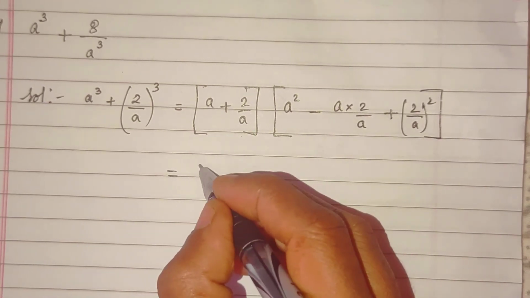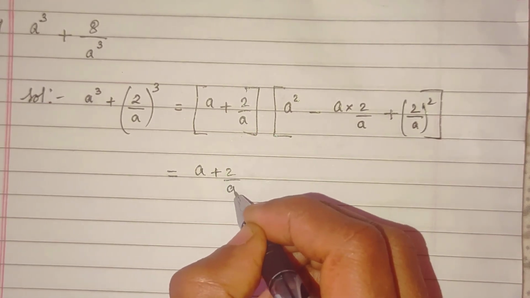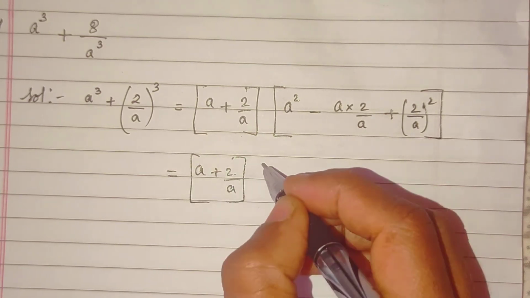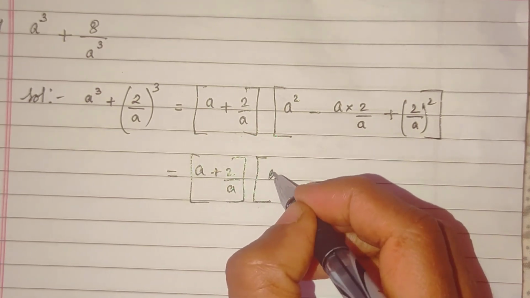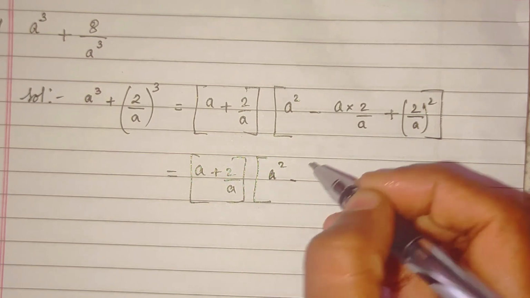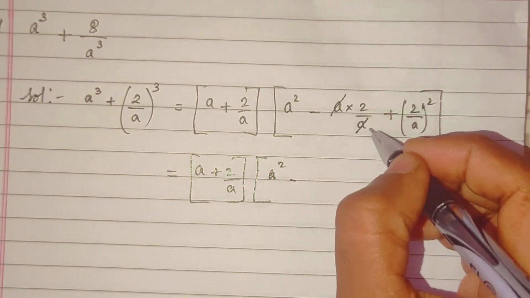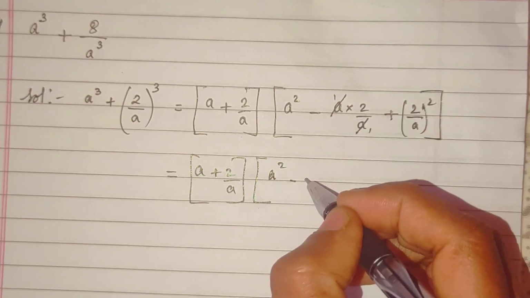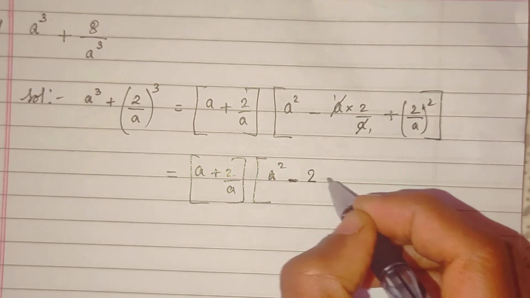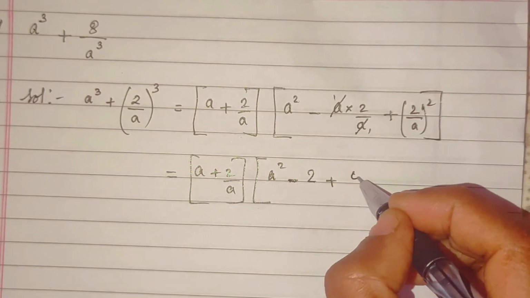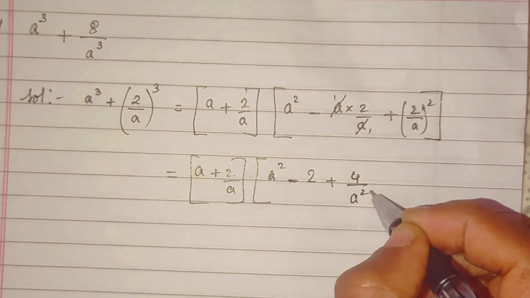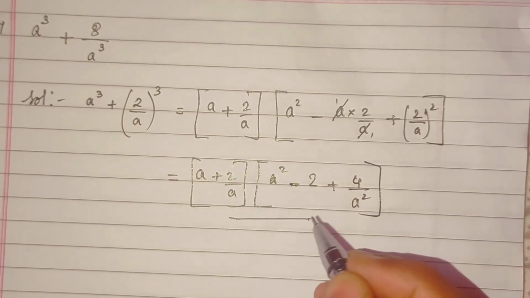Then further a plus 2 upon a will be as it is. Then a square minus, numerator and denominator get cancelled, so only 2 is left, and then 2 2s are 4 upon a square. So this is the required answer.